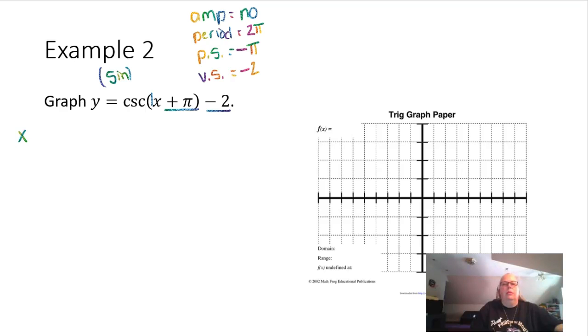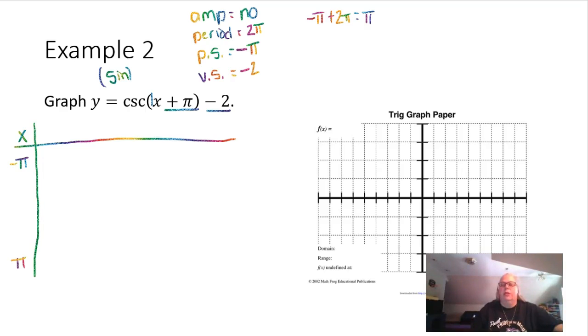All right, let's make our chart. The phase shift was negative pi. And we want to graph an entire period here, so let's see, negative pi plus 2 pi, that's going to give me a positive pi, so we're going to finish at pi. All right, let's get our 3 interior angles here.